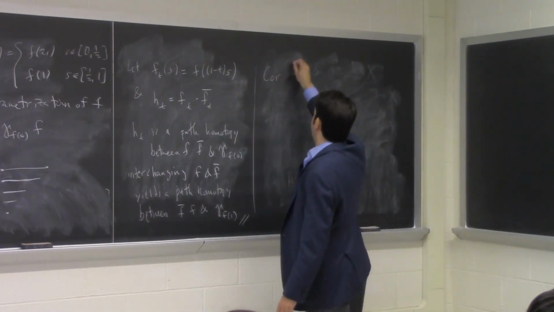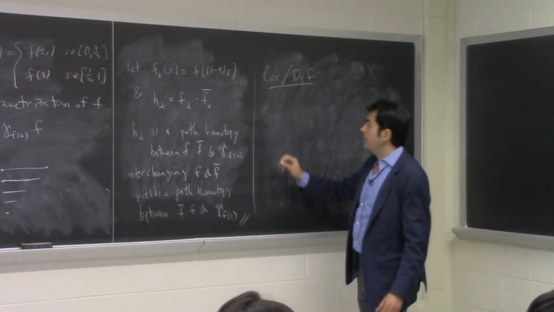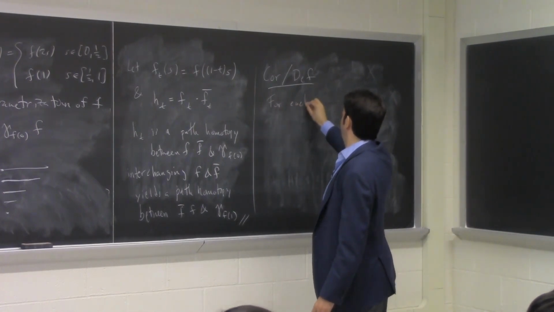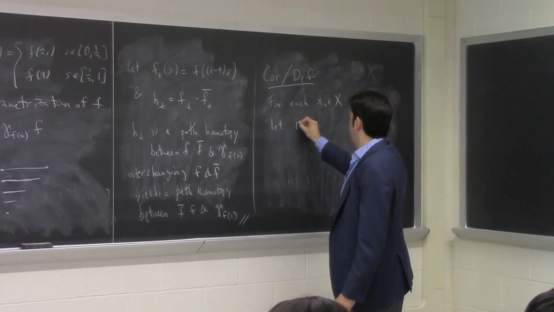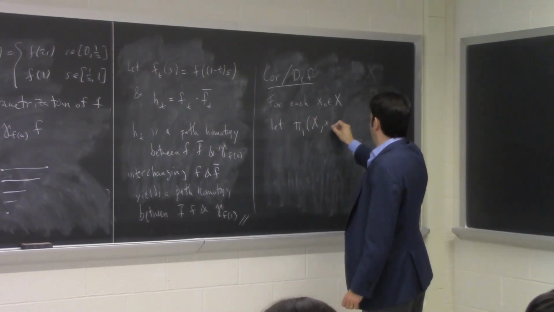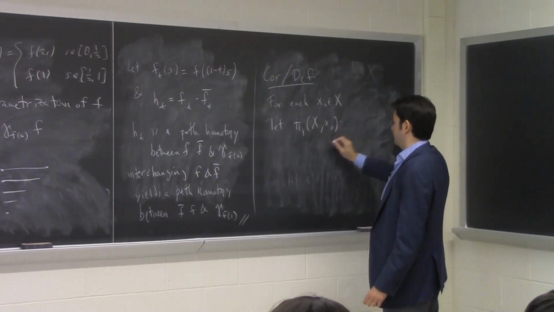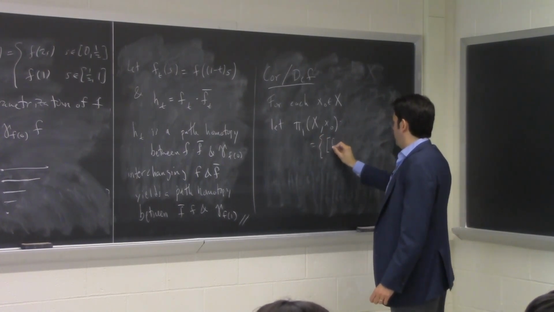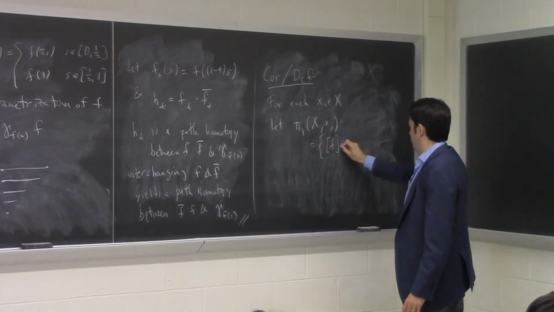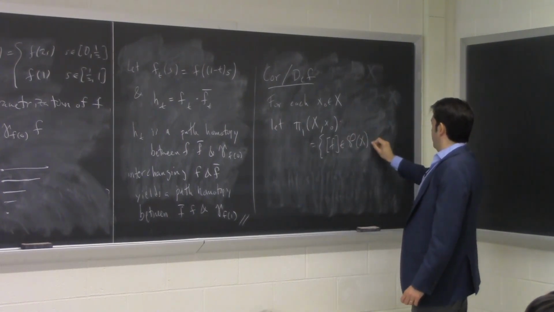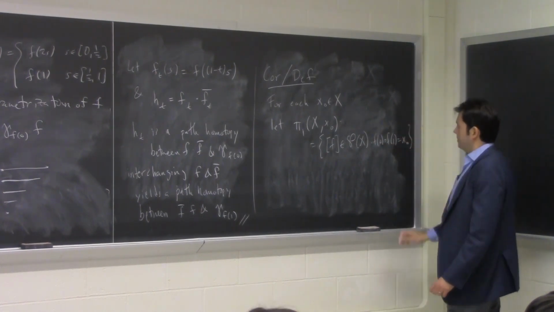OK, so a corollary slash definition. For each x naught in X, let pi 1 be the homotopy classes of paths in P of X such that f of 0 and f of 1 are both equal to x naught.